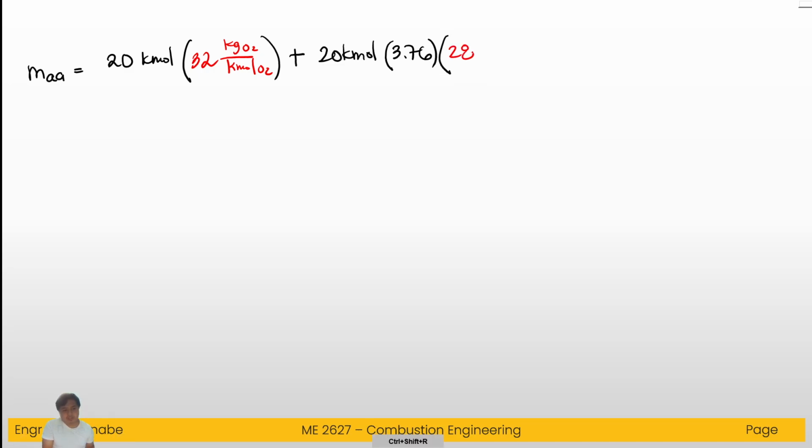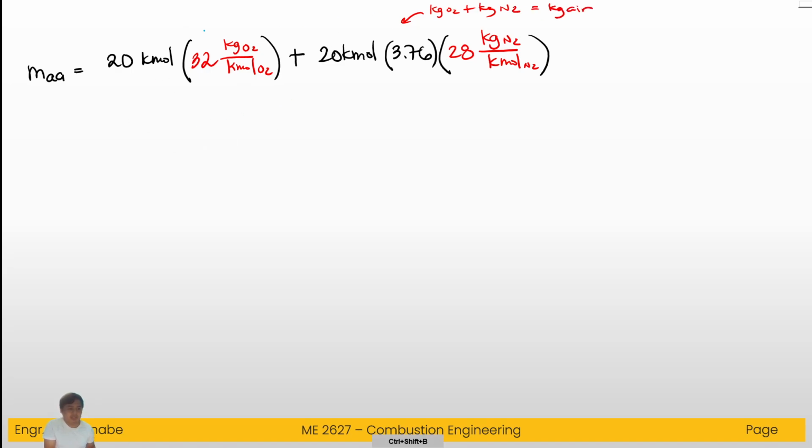So you have 28 kilogram of nitrogen over kilomole of N2. So this will be in kilomole of N2, basically, no? So you can cancel this, or not really the 3.76, but this one, no? So what happens is this will be the kilogram of oxygen plus kilogram of nitrogen, which is basically just the kilogram of air, no?